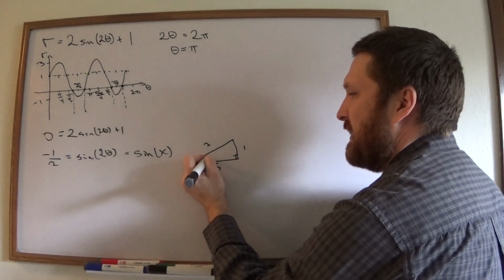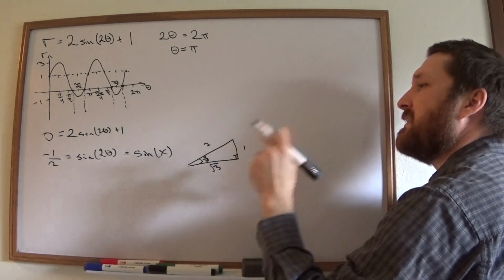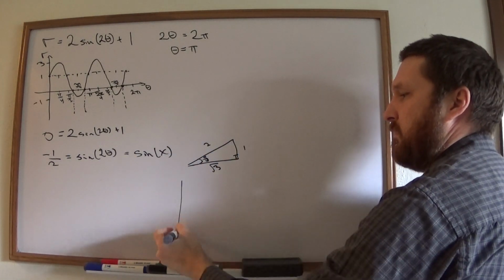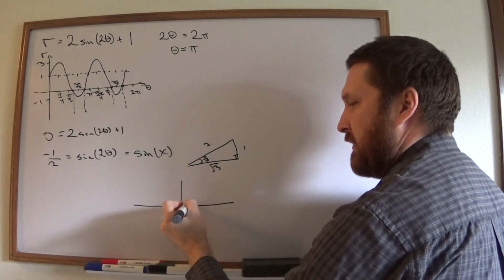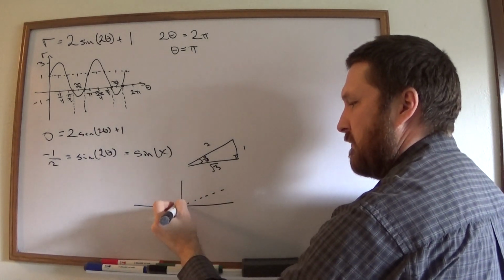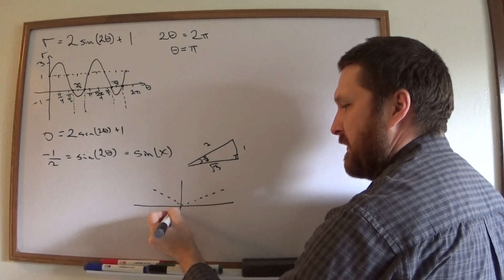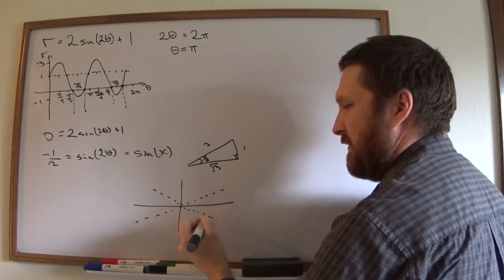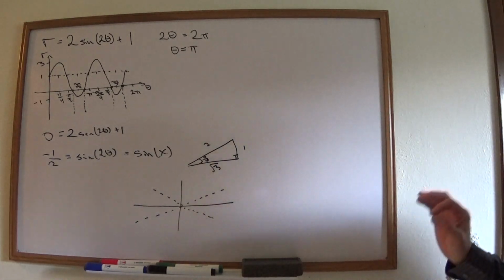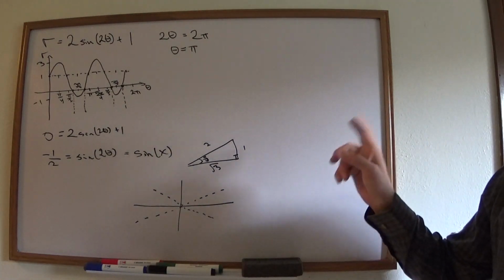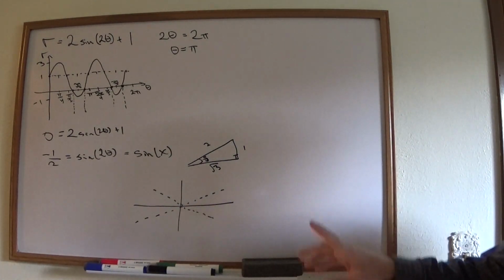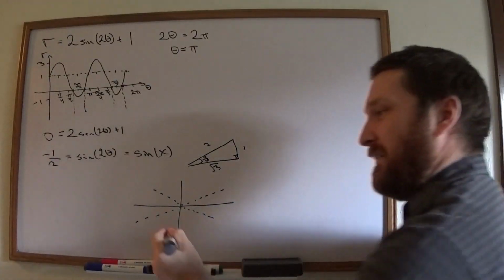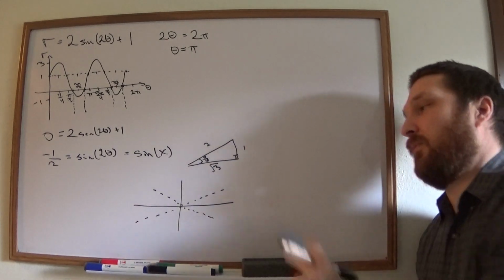I know that sine of pi over 6 gives me a 1/2. So my possibilities will be pi over 6, 5 pi over 6, 7 pi over 6, or 11 pi over 6. But now, hold up. Sine is negative here, so which ones are these?